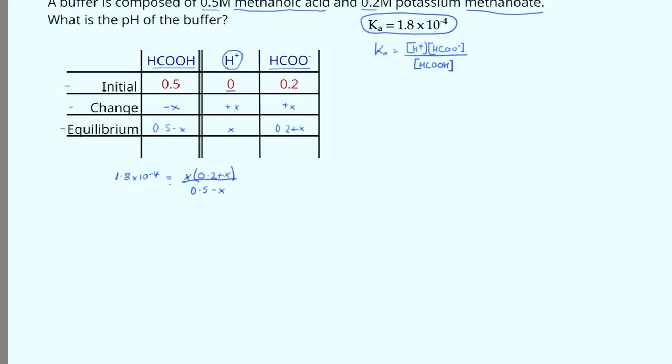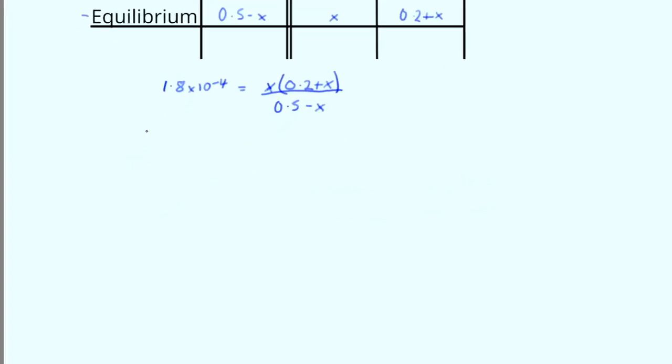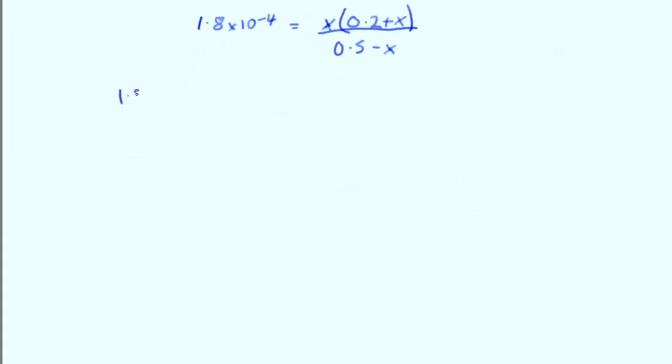Right, the next steps are just rearranging this equation. So bring the 0.5 minus X onto this side. And then this one we're going to multiply through, so we get 0.2x plus x squared.